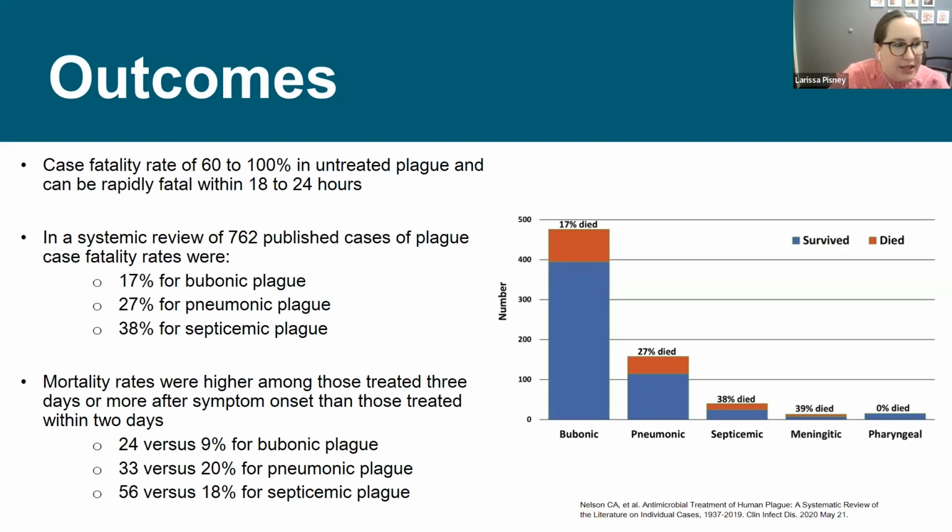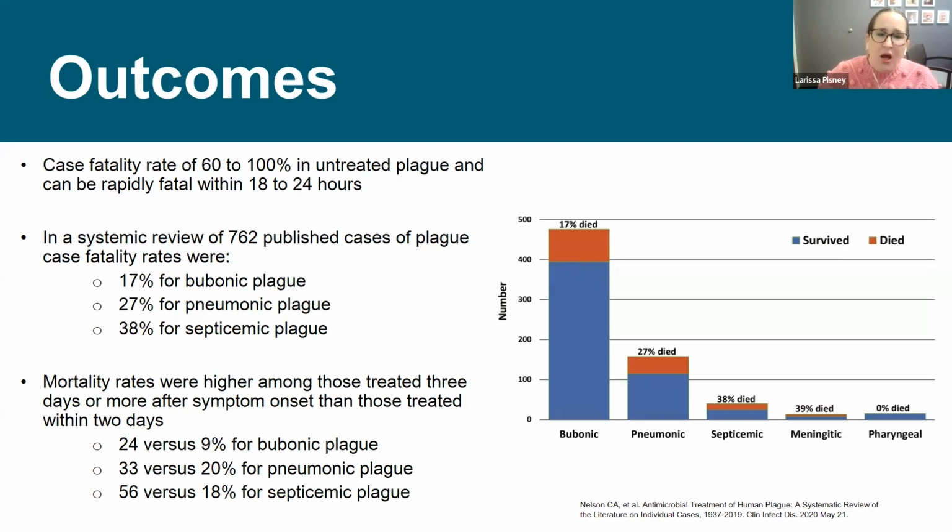And what you can see here is that the case fatality rate was 24 versus 9% for bubonic plague, 33 versus 20% for pneumonic plague, and 56 versus 18% for septicemic plague. What this really highlights is that early diagnosis and treatment are essential for survival and reduction of complications.